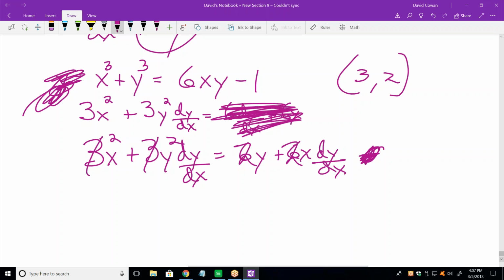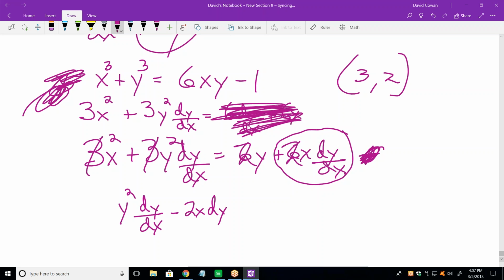So here's what we have over there already that has a dy dx in it. Now, let's take this and move it over there. So what does that become? Negative 2x times dy dx. Now, everything else needs to be on the right side.